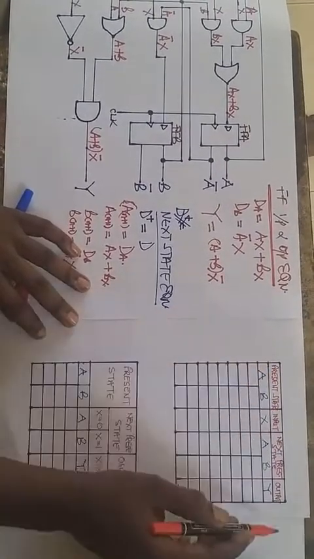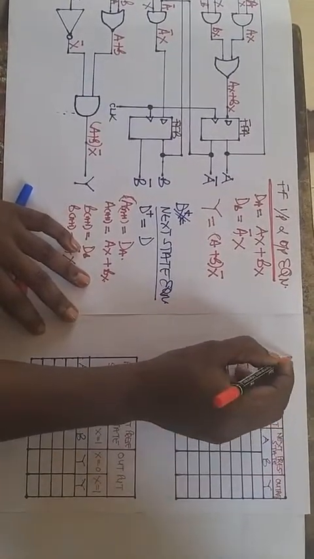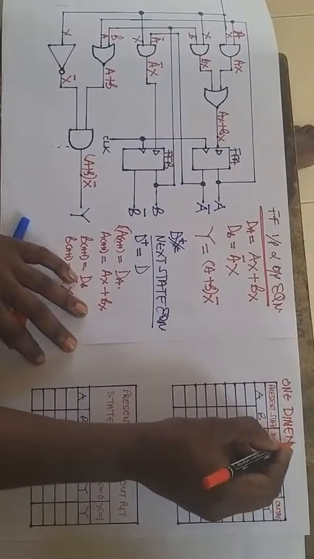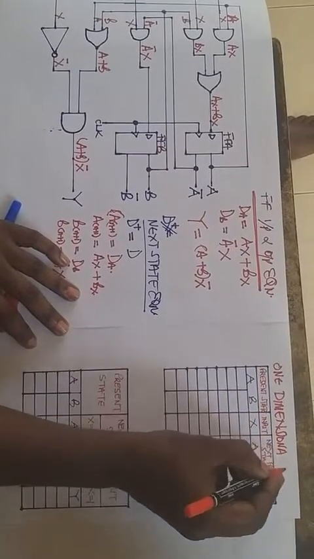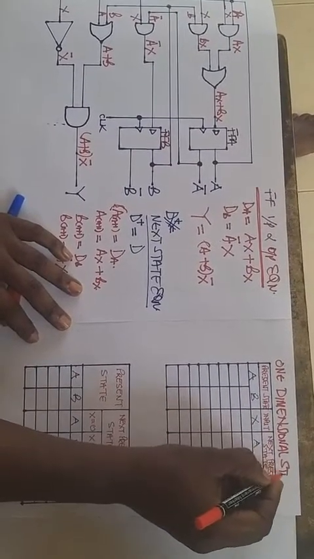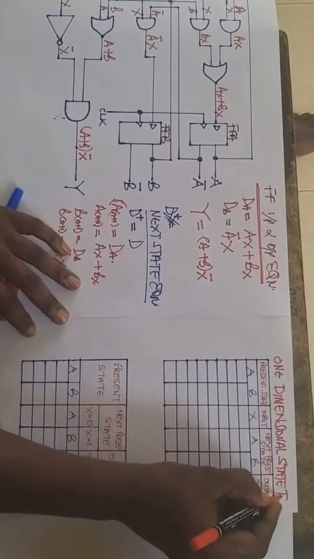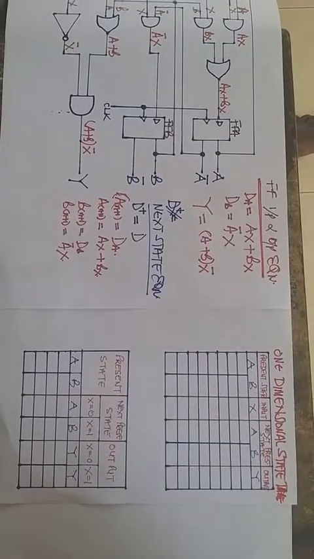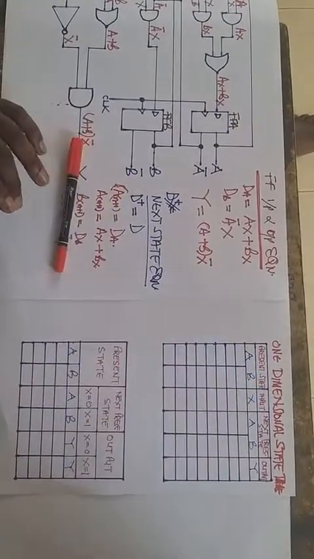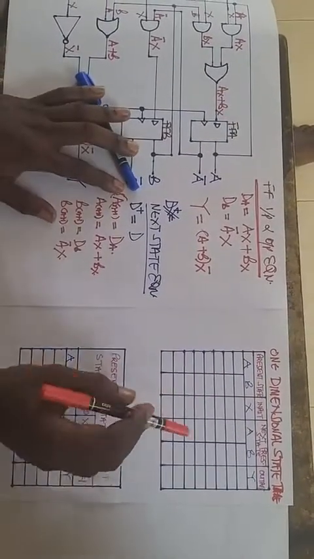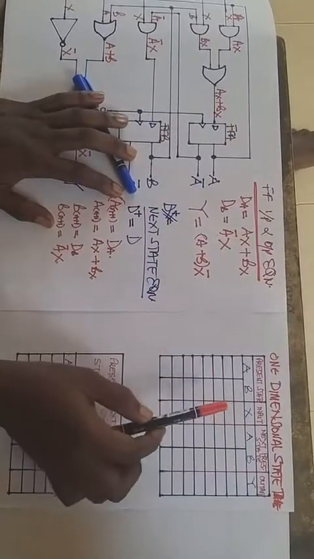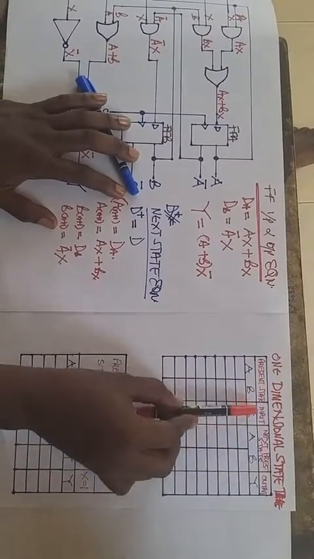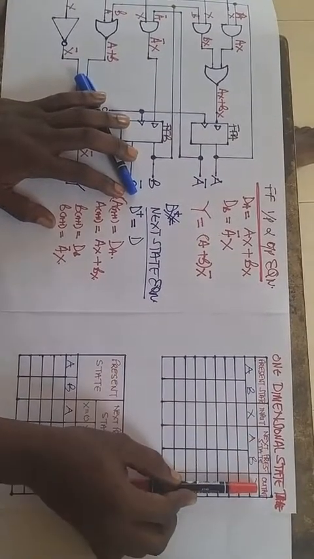Now, in our state table, let me call it, this is the one-dimensional state table. Recall that in our last lecture we said the state table has a present state, next state, and then an output.